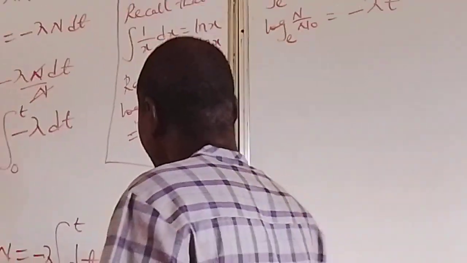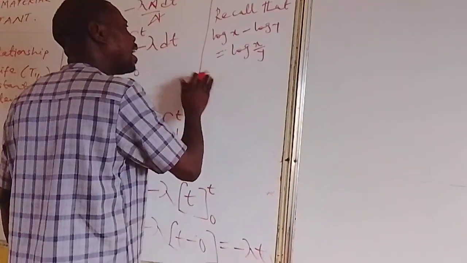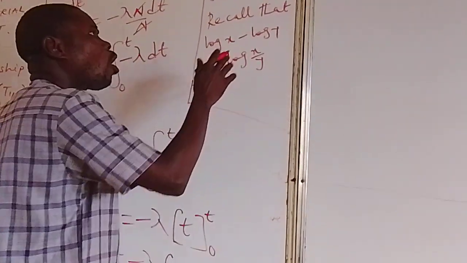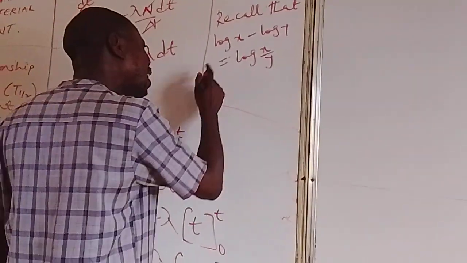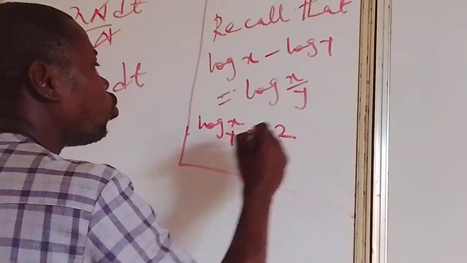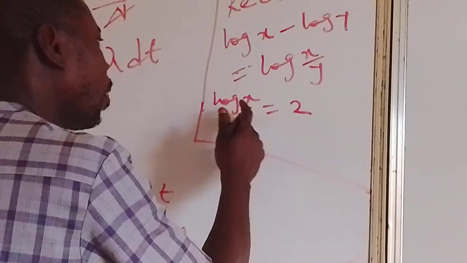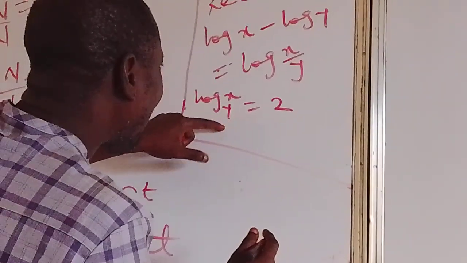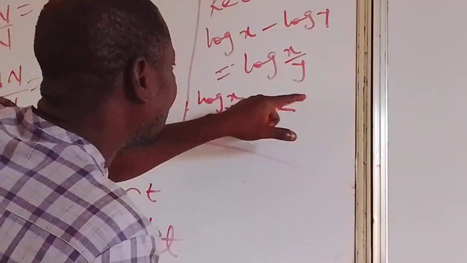Now again, if I want to transform a log to an exponential equation, if I have log x base y is equal to 2, then to remove this logarithm, this y here becomes the base and this becomes the power.